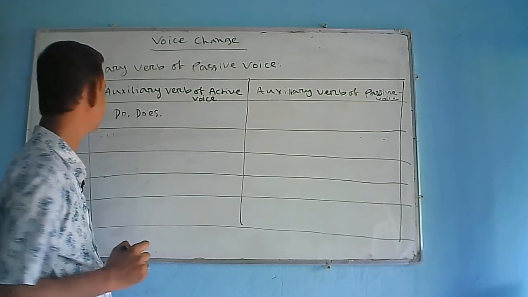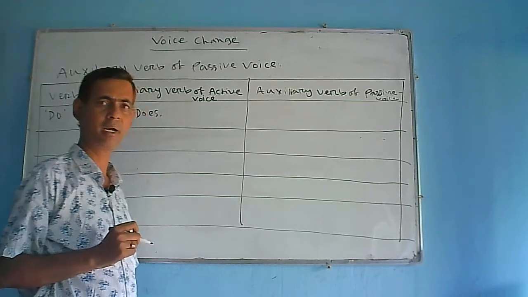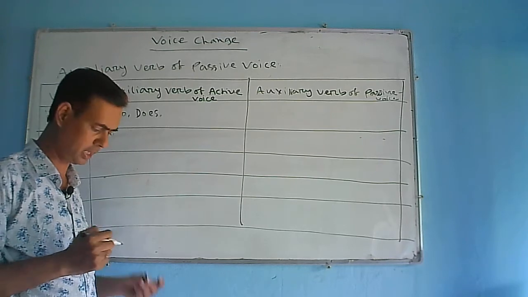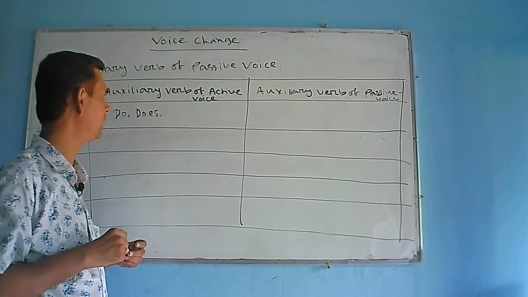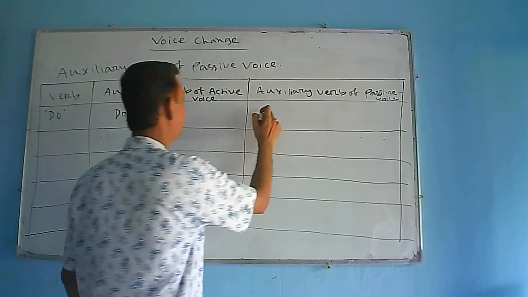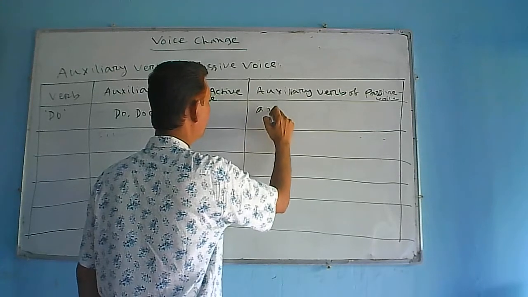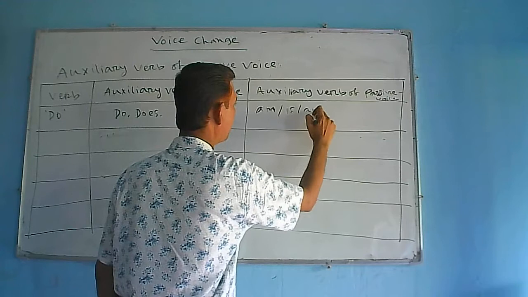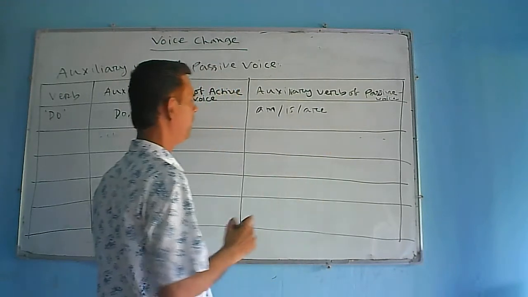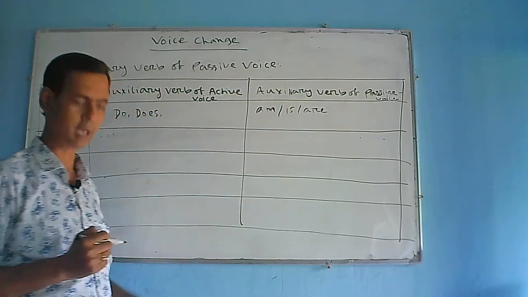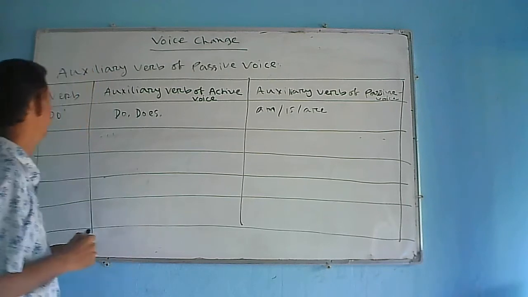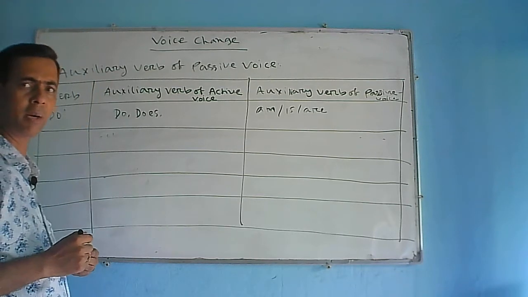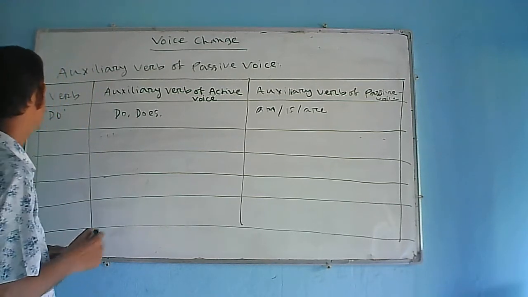If there remain do, does in an active voice, am, is, or are will be used as the auxiliary verb of passive voice.